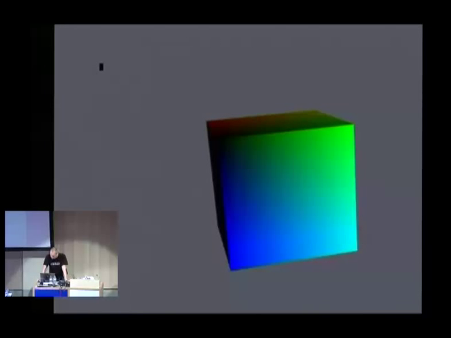So this is pretty much where we left off last year at FOSDEM. And some of you might remember that what I was doing at the time was setting up one frame, setting up all the information for that, and then just replacing one matrix in there, one uniform, so that it turns.